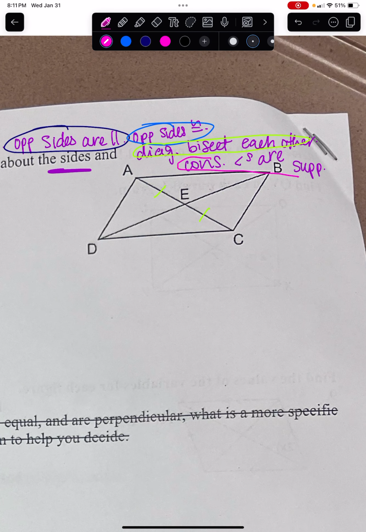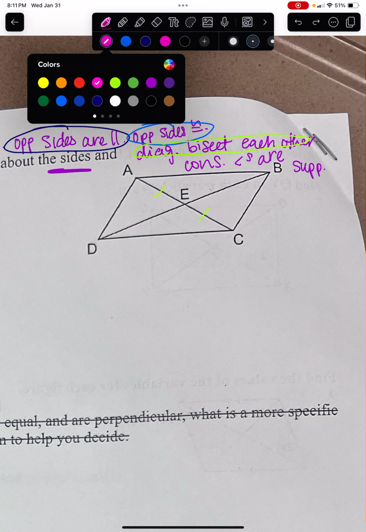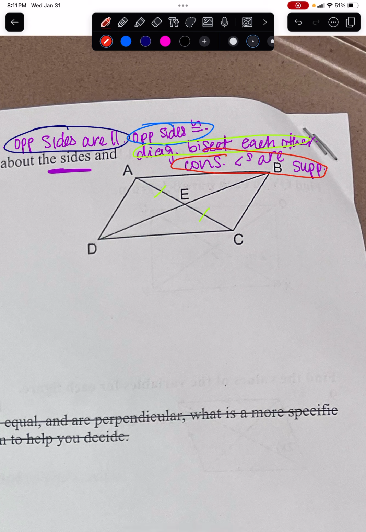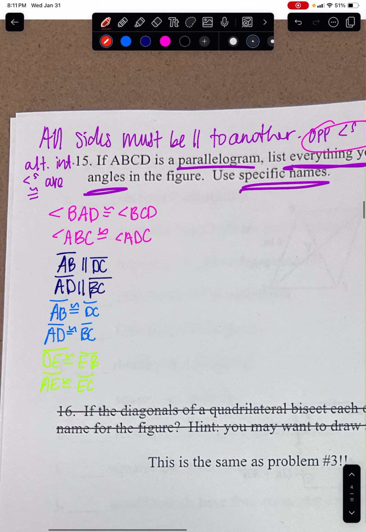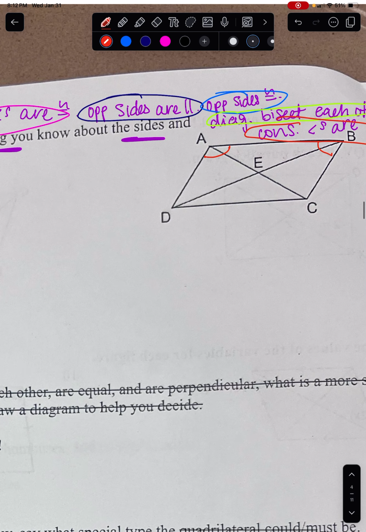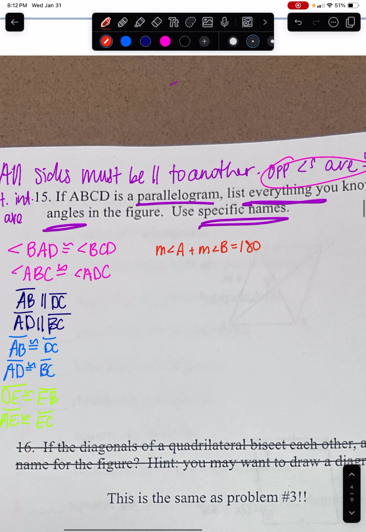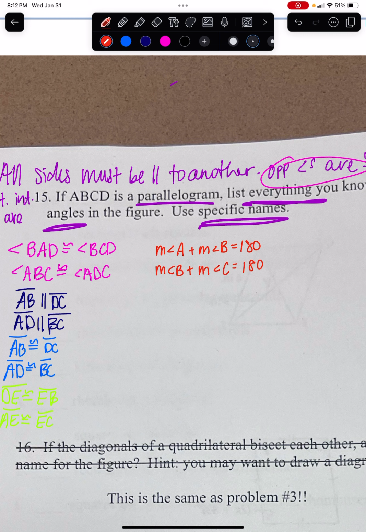Consecutive angles are supplementary. Well, that's going to be angle A to angle B. So we can say measure of angle A plus measure of angle B is going to be equal to 180. What else do we have? B and C. Measure of angle B plus measure of angle C is equal to 180.